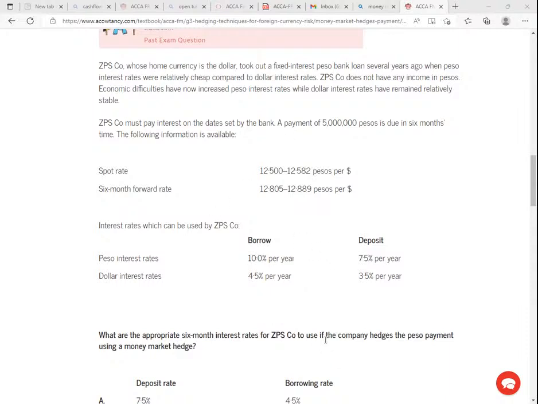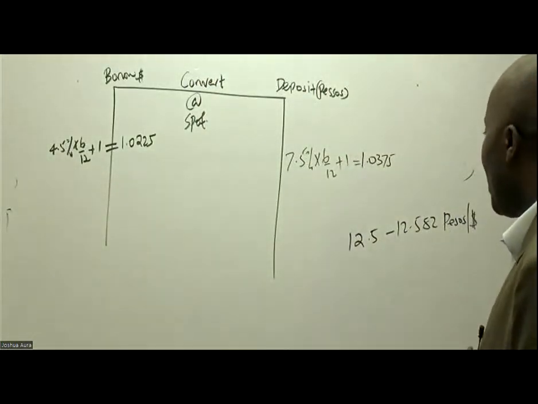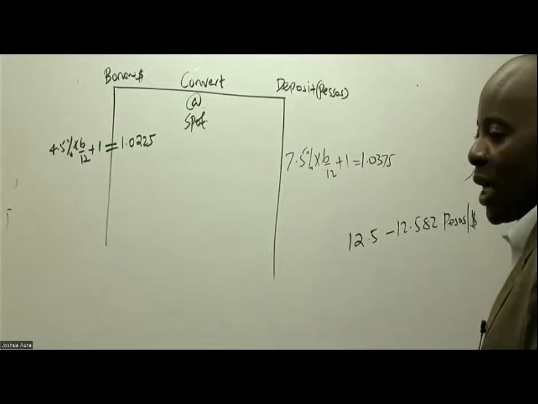Great. Now they're coming in. Remember, it is 12.5 to 12.582 pesos per dollar. And you're the ones who have told me that this company uses the dollar as the home currency.